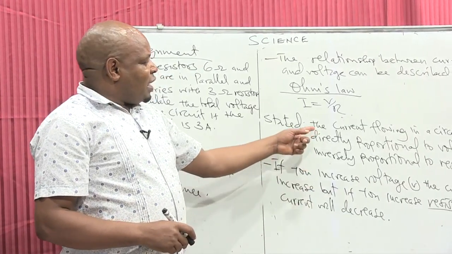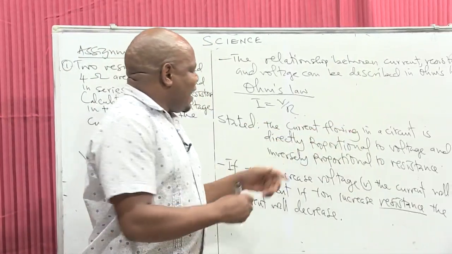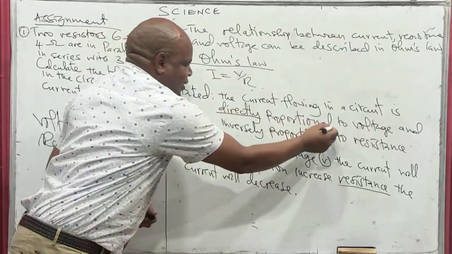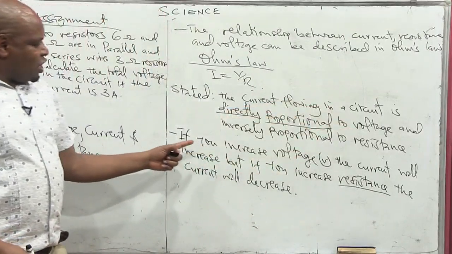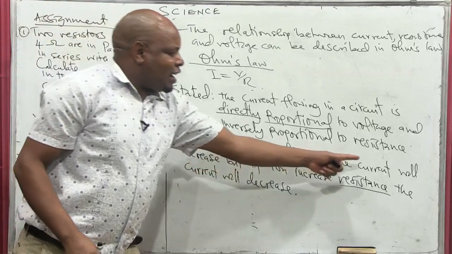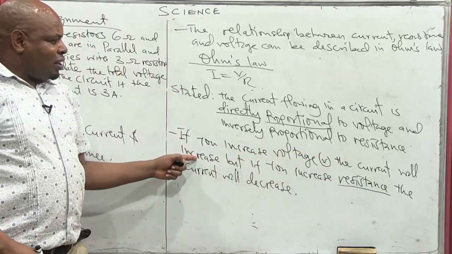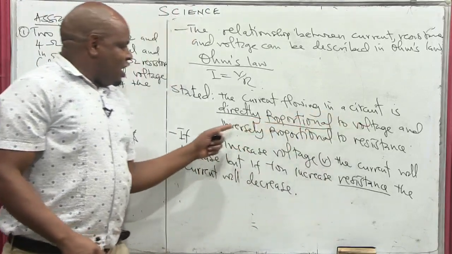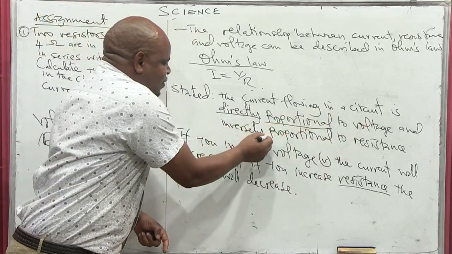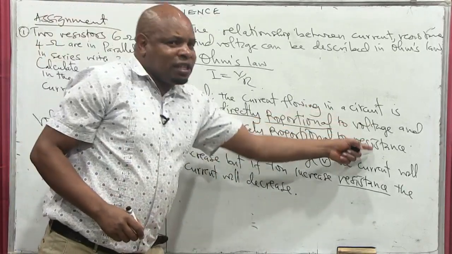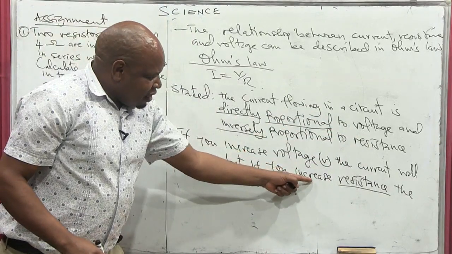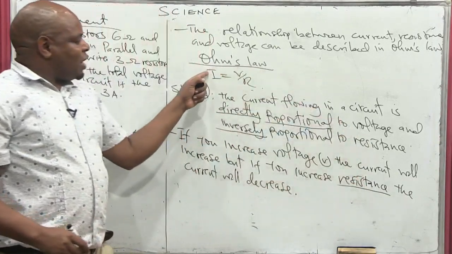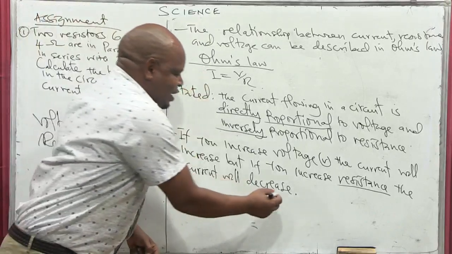The current flowing in a circuit is directly proportional to voltage. That means if you increase voltage, the current will also increase. And inversely proportional to resistance, meaning if you increase the resistance, what will happen to the current? The current will decrease.